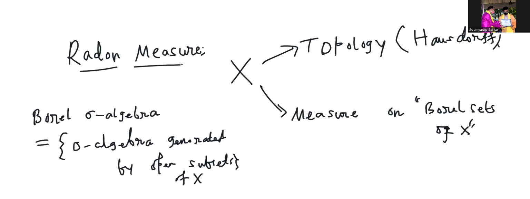If you want a formal and precise definition, let me recall it. A sigma algebra on a set is a non-empty collection of subsets which is closed under complements, countable unions, and countable intersections. Given some open subsets of X, you take their complements, so you also include the closed sets.